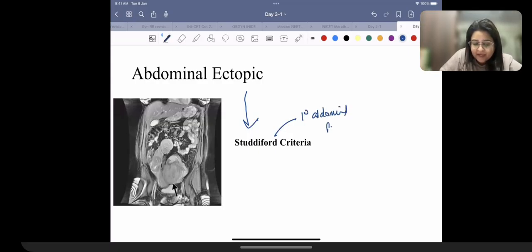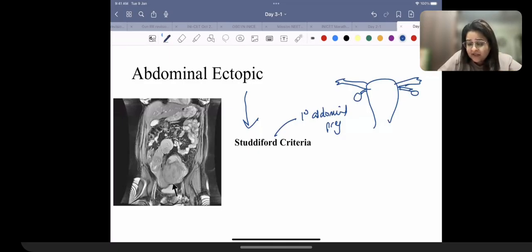What do you mean by primary and secondary abdominal? How does abdominal pregnancy form? Abdominal pregnancy forms either the pregnancy itself formed in the abdomen, that means the fertilization happened in the abdomen, or the other situation is that the pregnancy formed in the tube, then it got expelled into the abdomen and then started growing.